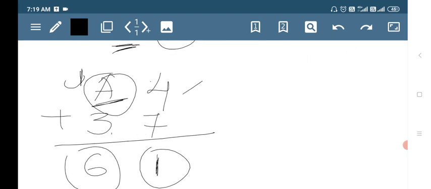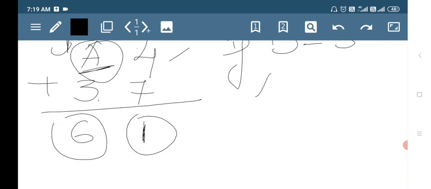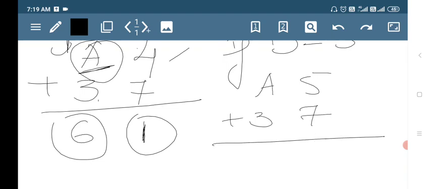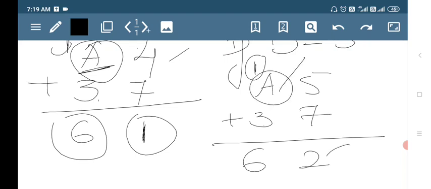Now, let us try. If the value of B is equal to 5, that is A5 plus 37. So 5 plus 7 is 12, 2 carry 1, the answer is already 6 here. So 3 plus 1 is 4, what could be the value of A? 2, right?